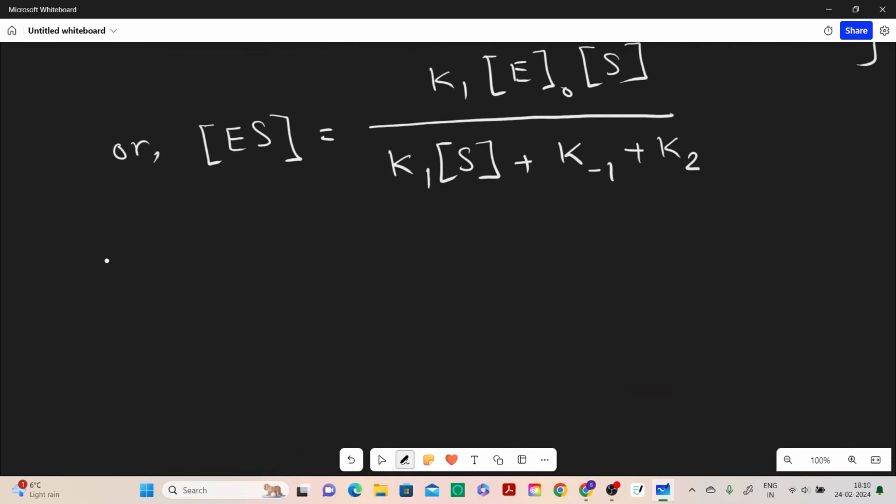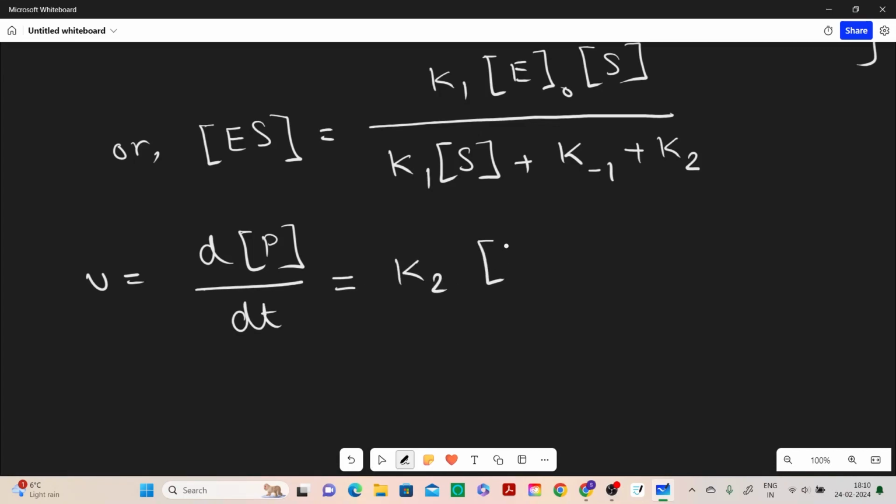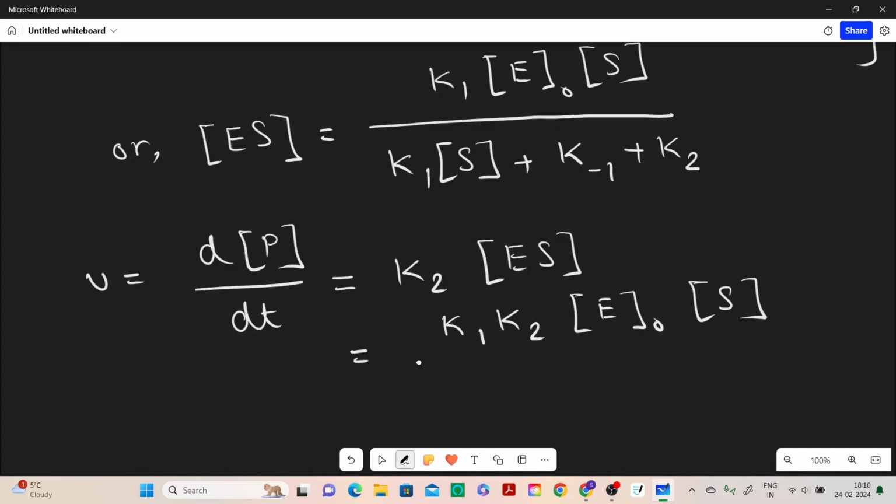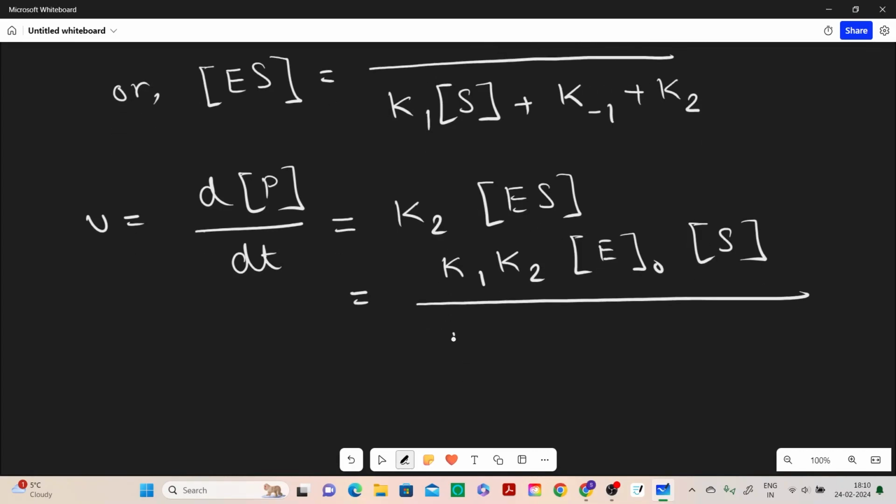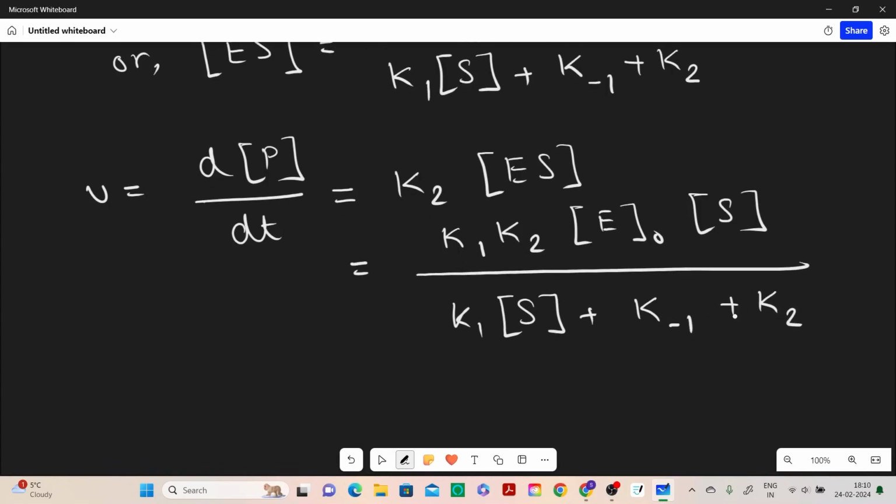Now, we knew that the rate of change in the concentration of product, or rate of formation of product, is equal to K2 into ES. We derived ES here, we will just put this down. So this equation becomes K1 K2 into E naught S by K1 S plus K minus 1 plus K2, right?